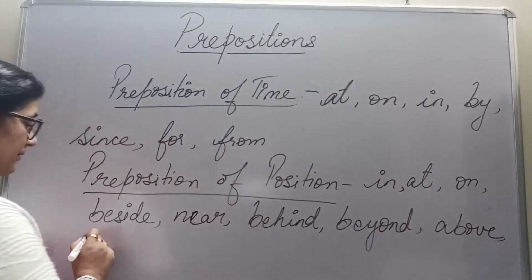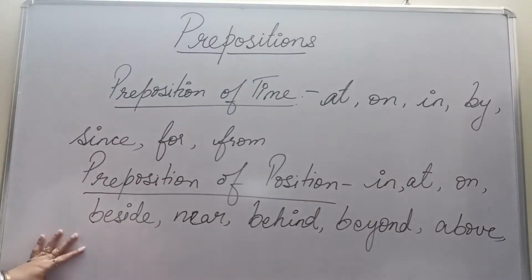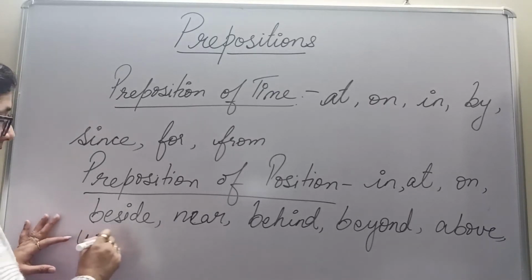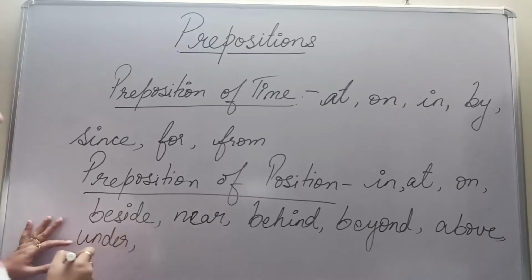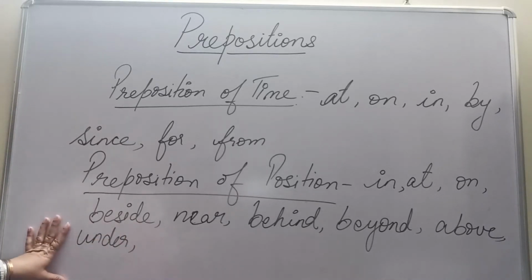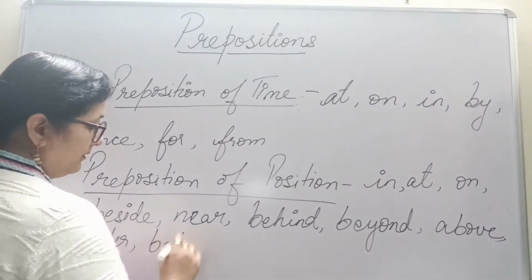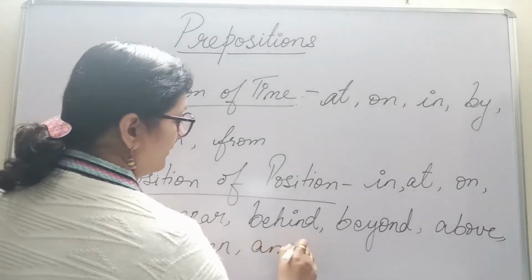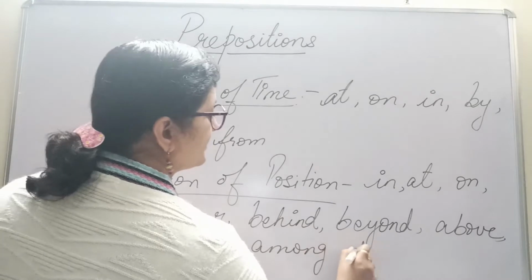You can have again another one which falls under this. Let's talk about under. That's again giving us another position. Then you have between and among. See, and lots more.